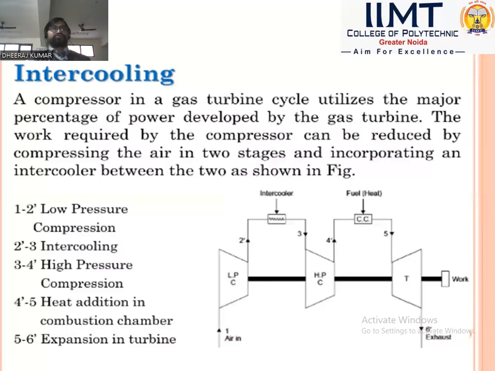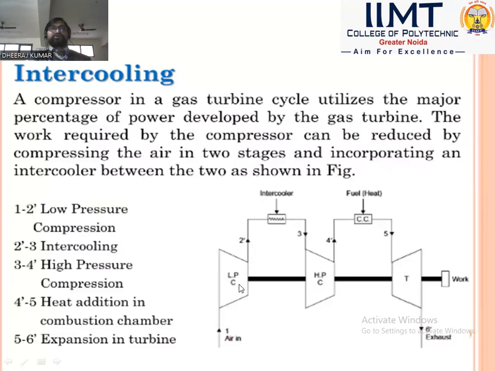So temperature is controlled by providing an intercooler. This intercooler reduces the temperature of the air after the low pressure compressor, and this air is supplied to the high pressure compressor, which compresses the air again, so the pressure and temperature increase again.